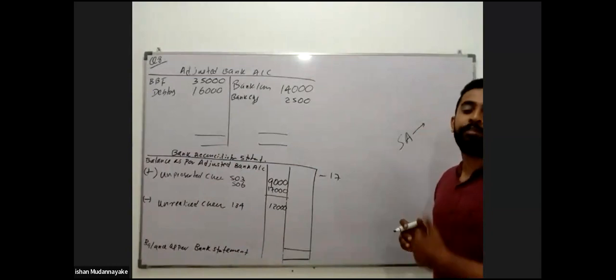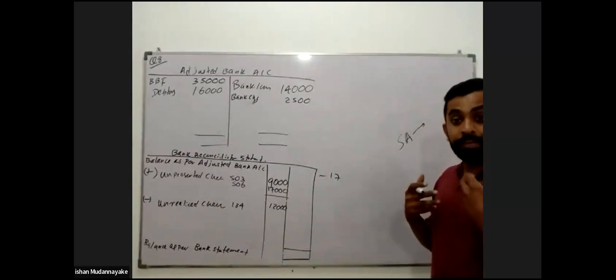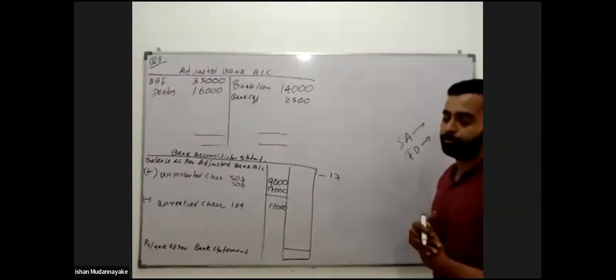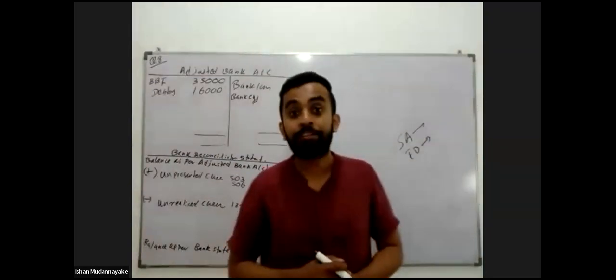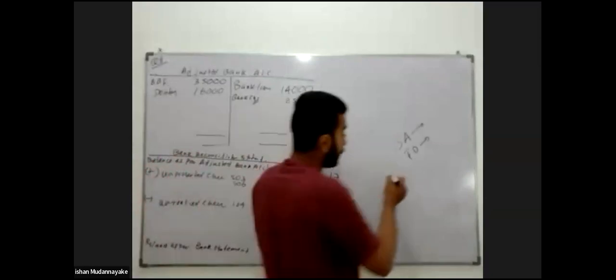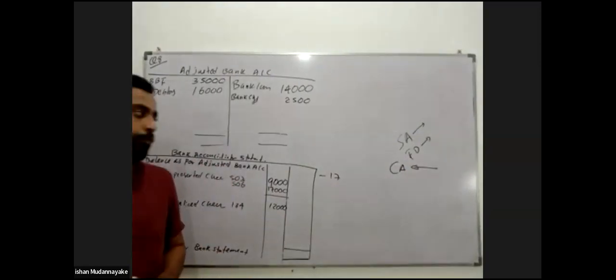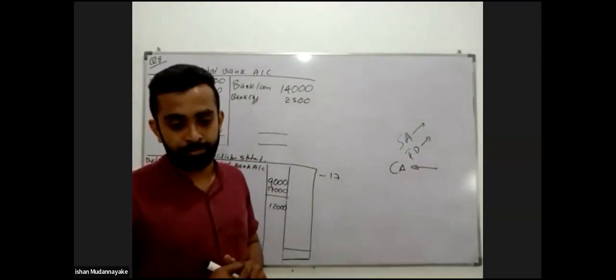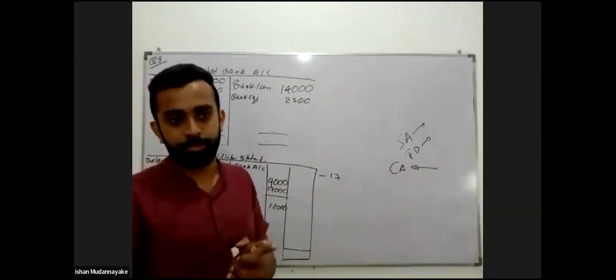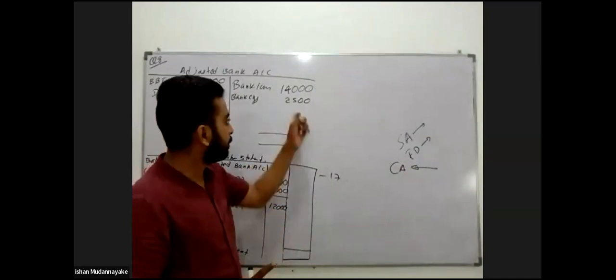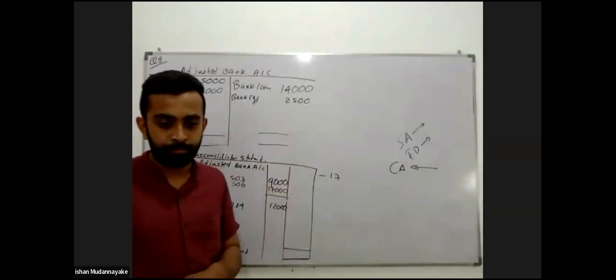If you have a fixed deposit account, you can earn interest income. But if you have a current account, you need to pay some amount to the commercial bank as bank charges. This is that bank charge, 2,500.